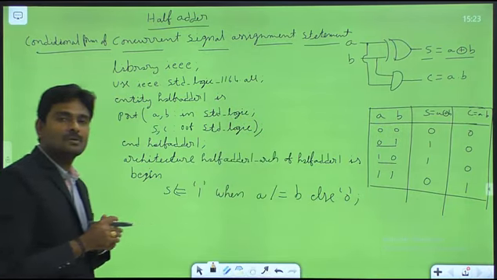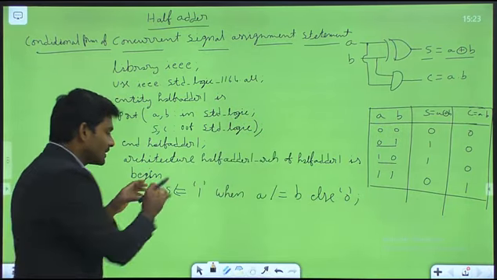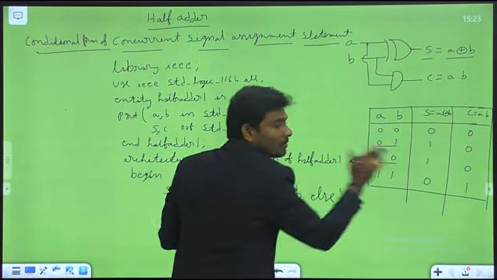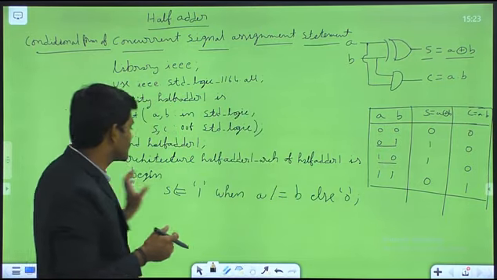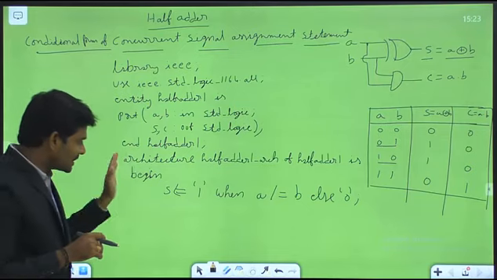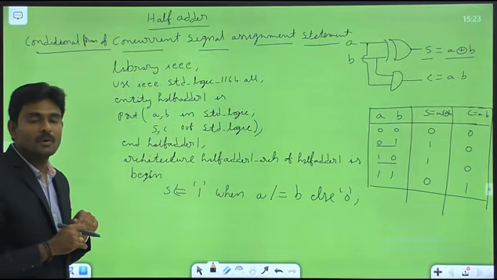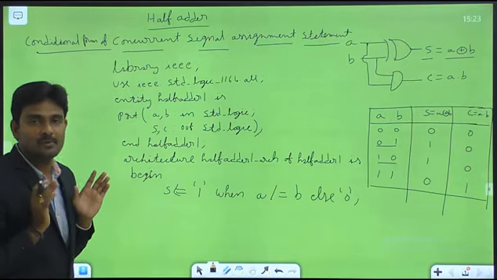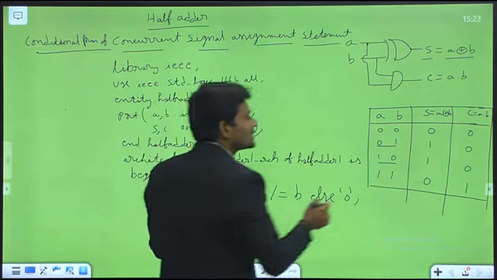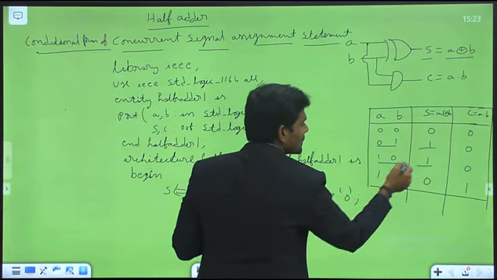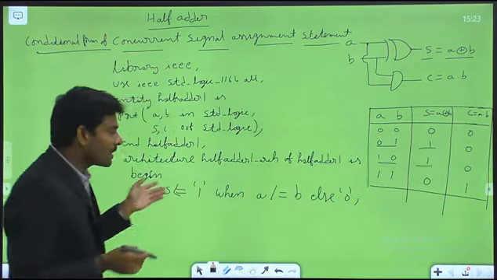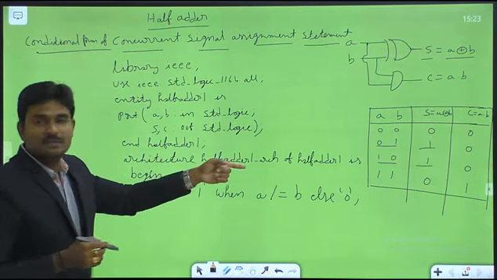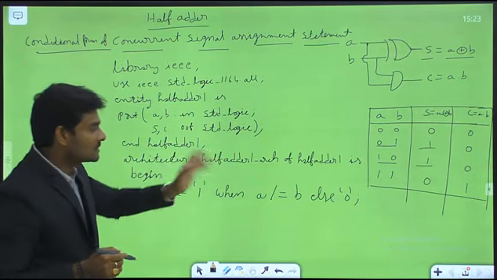This is how to represent that. With that, we mentioned all the combinations. Whenever you write this type of statement, all possible input combinations must be covered. Whenever A is not equal to B, for these two combinations the output becomes 1. For all remaining cases, the output, that is sum, becomes 0.